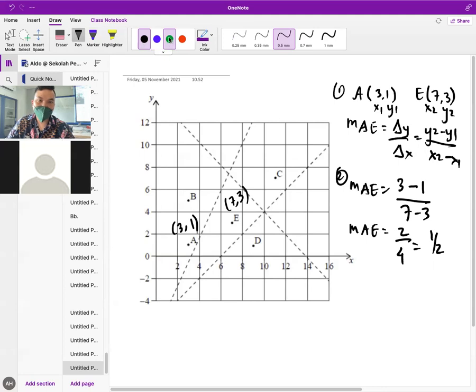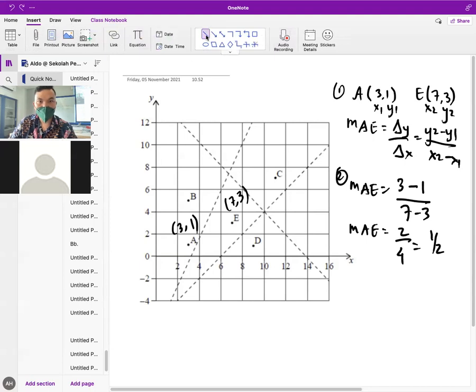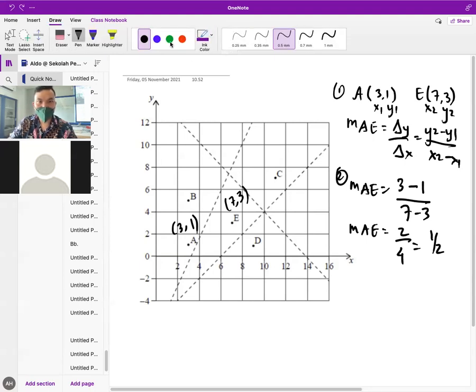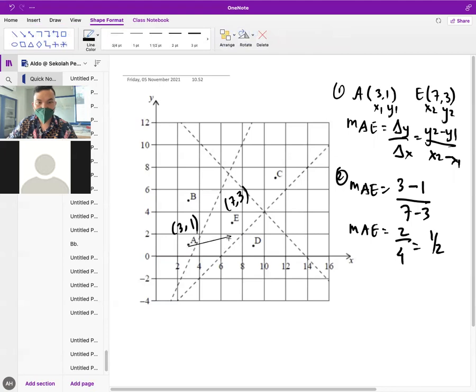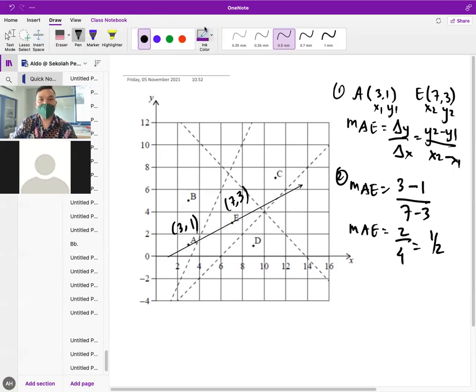So it makes sense that if we draw a line here, inserting the line AE, the gradient of AE is more or less like that.